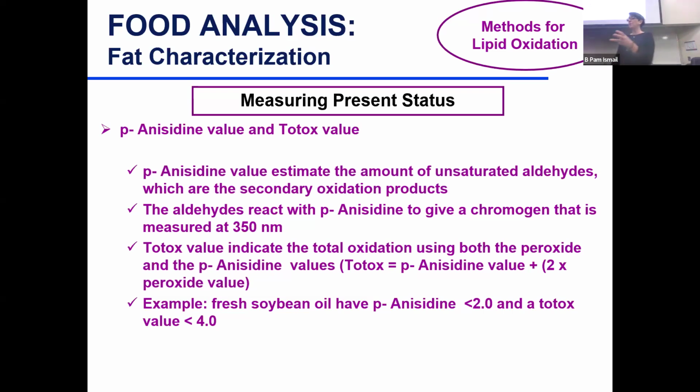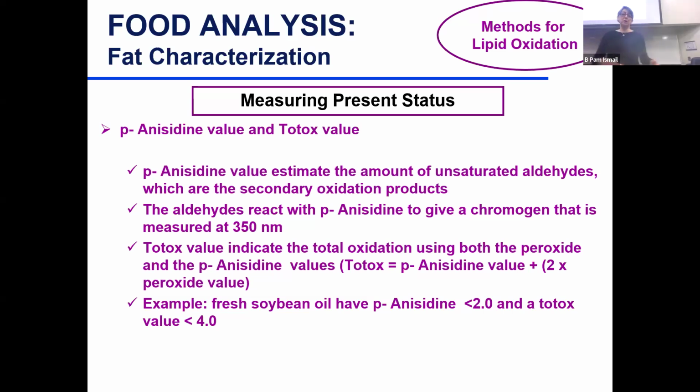In this type of test, the Totox value takes into account primary oxidation products and secondary oxidation products. So the anisidine will react with unsaturated aldehydes. Aldehydes are secondary metabolites of lipid oxidation. So anisidine reacts with unsaturated aldehyde and gives you a color.